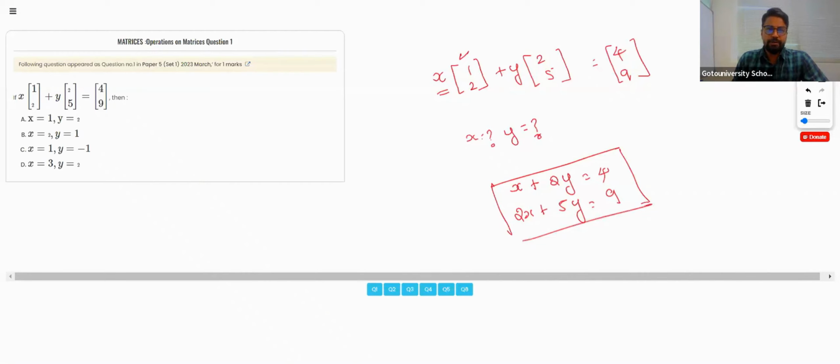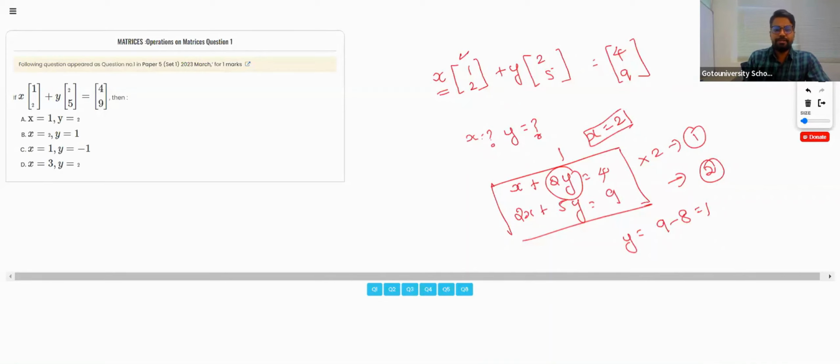So how to solve these equations? Obviously, we know the simultaneous linear equation method. We can multiply the first equation by 2 and subtract the equations. When you subtract, we end up with y is equal to 9 minus 8, which is 1. When you substitute y is equal to 1 back here, we get x is equal to 2.